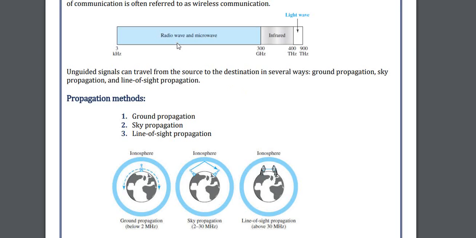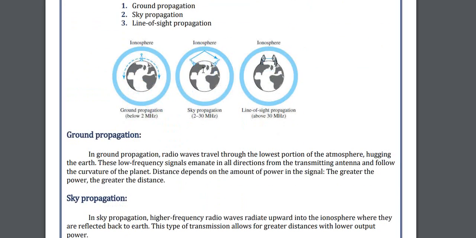We already know what radio waves are because we have used radio at home, and we know about microwave from microwave ovens. Infrared is the light in front of our TV remote, where when we press a button on the TV remote a light blinks, which is the infrared light.